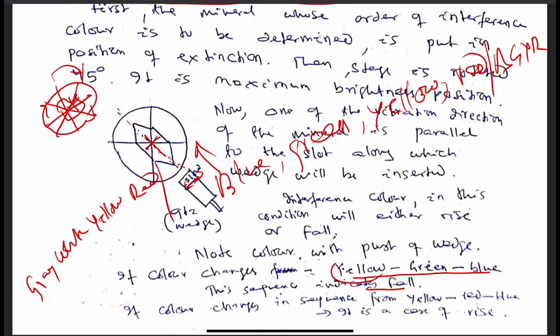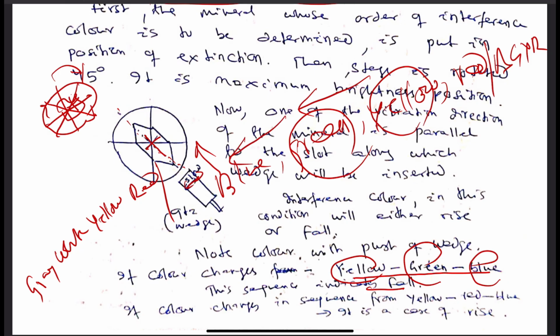So here it is yellow, then green, coming like this, then blue. So this is a case of fall. As the quartz is being pushed, the color changes from yellow to green to blue. So this is a case of fall.